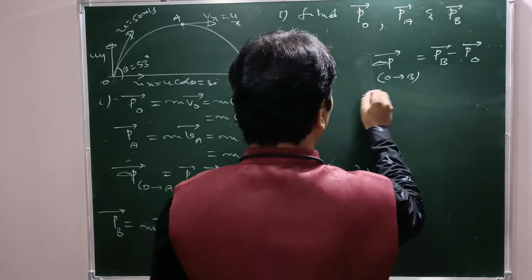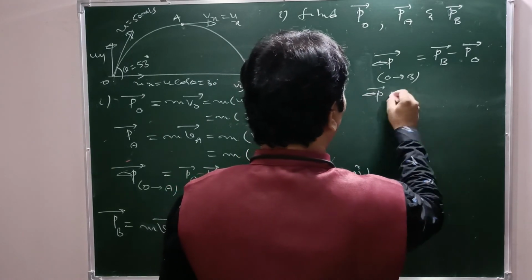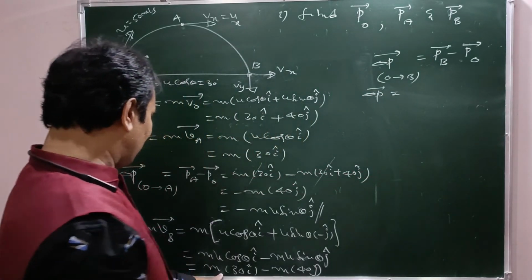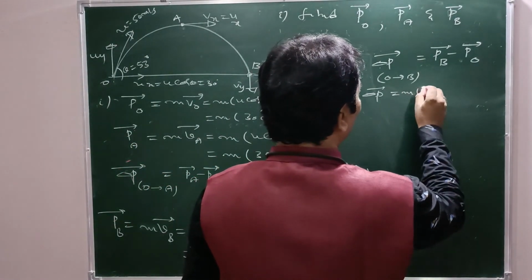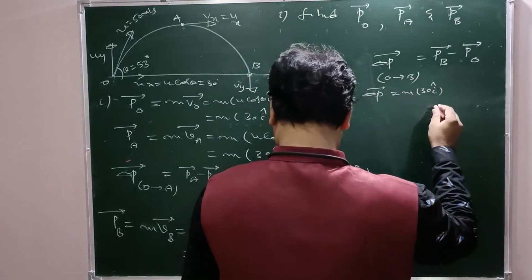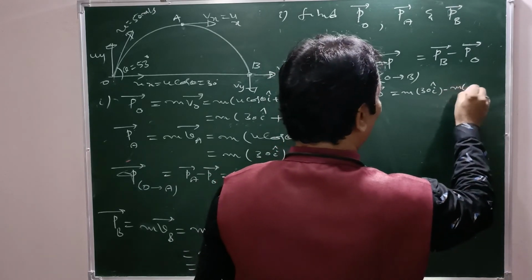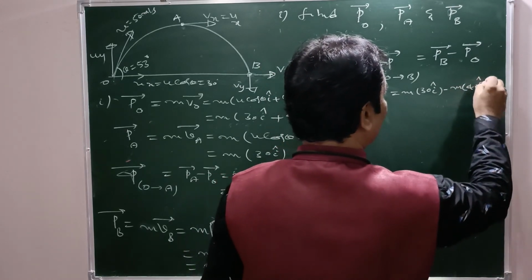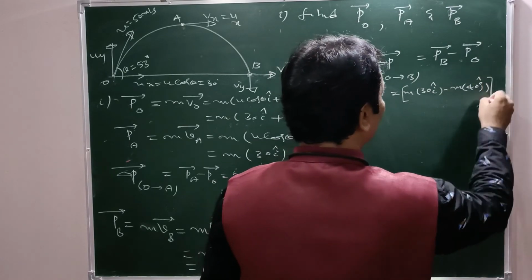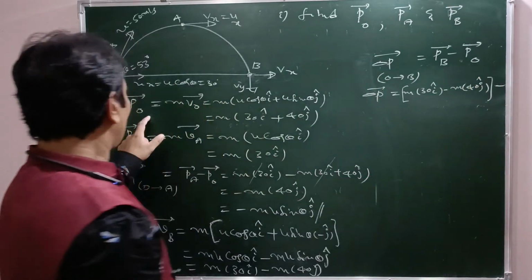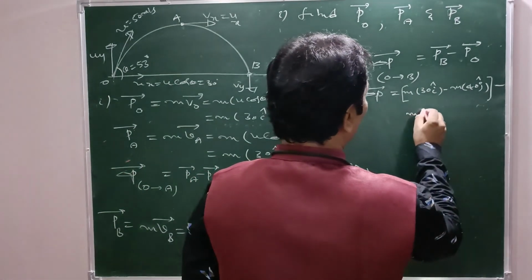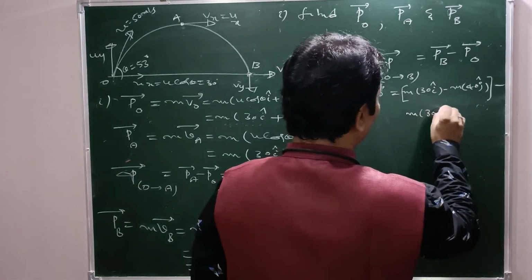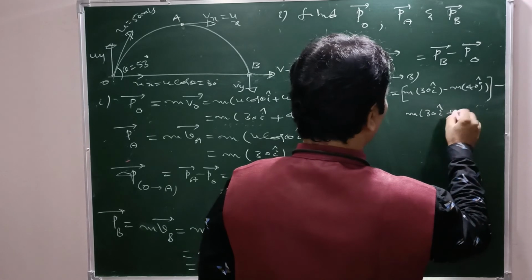Now delta P bar equals P_B, that is M 30I minus M into 40J, whole minus P_O, that is M into 30I plus 40J.